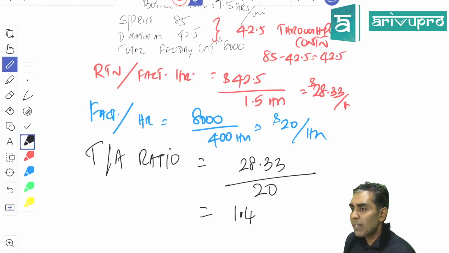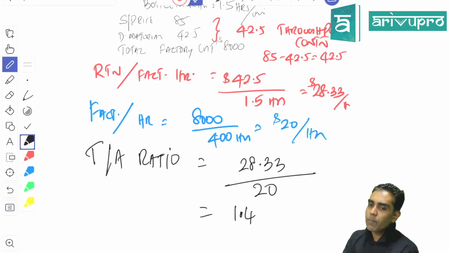If you want, can you take down the steps quickly? Under throughput accounting, take down the steps. Steps in throughput accounting. First one, identify the bottleneck resources.